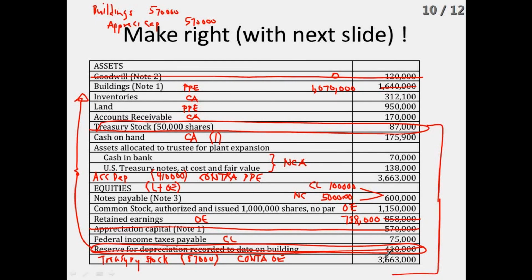Okay? The reason you do it here is you just want to leave this number alone. This is how much you originally issued. So in order to leave this alone, when we buy back shares, we hold it in a separate account. It's kind of like depreciation.